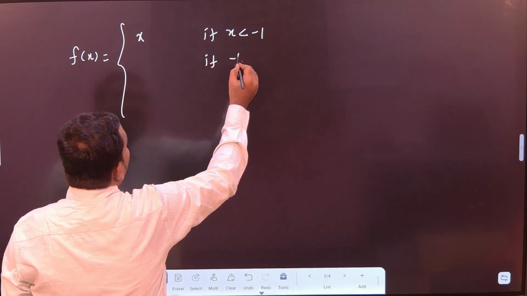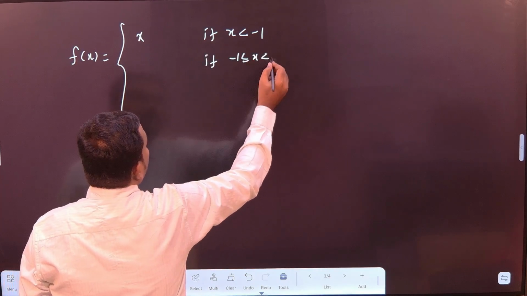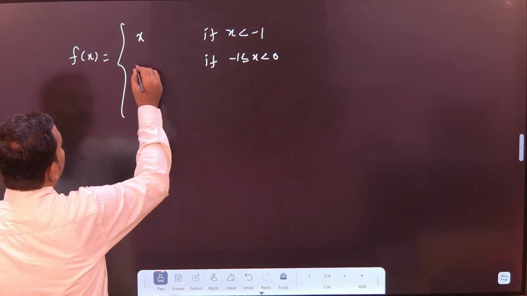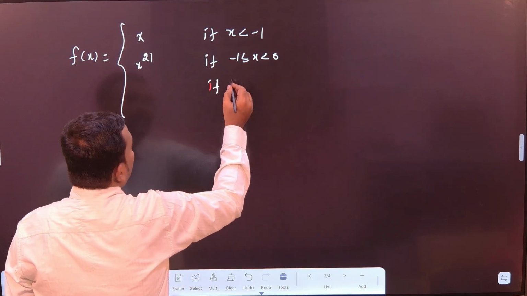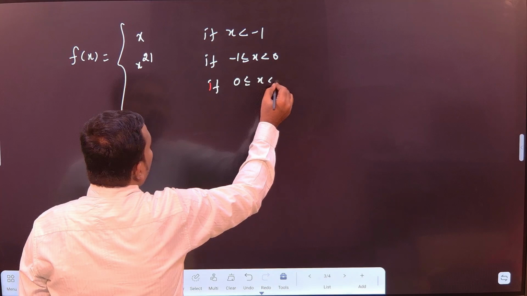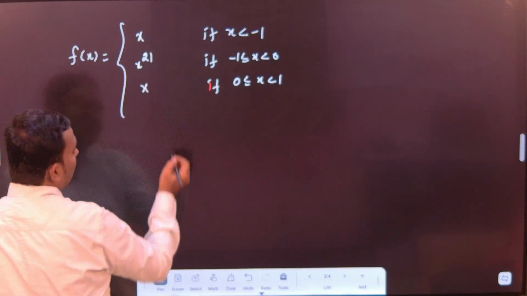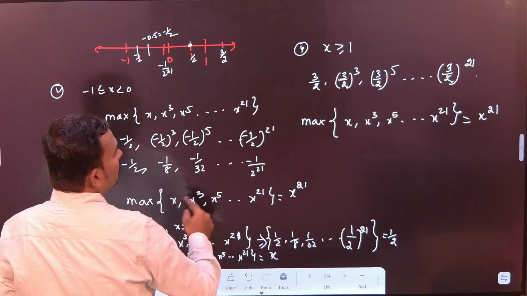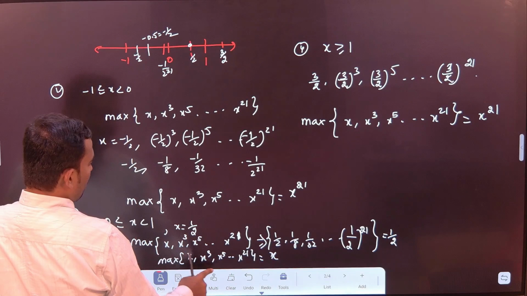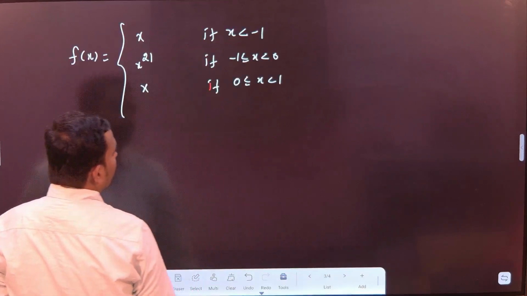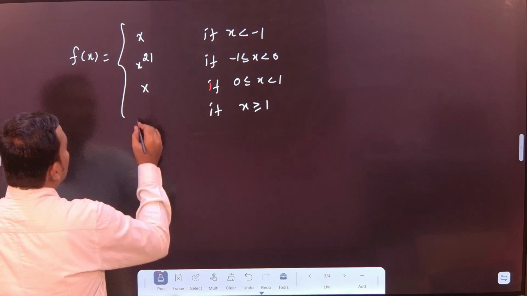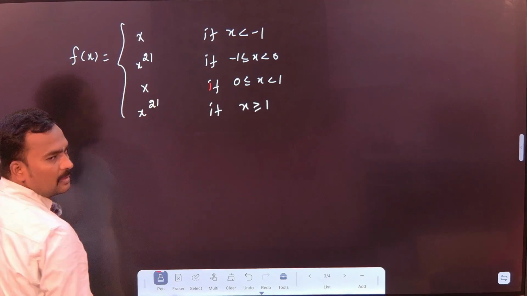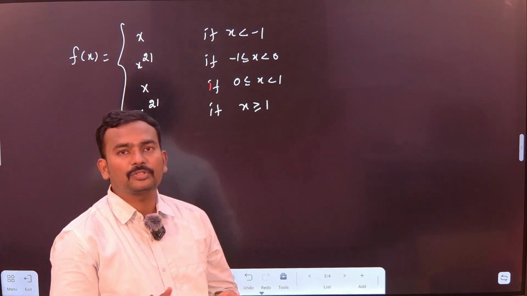When x is from minus 1 to 0, x power 21. When 0 to 1, the maximum will be again x. Clear? When x is more than or equal to 1, x power 21 again. This is your redefined function.